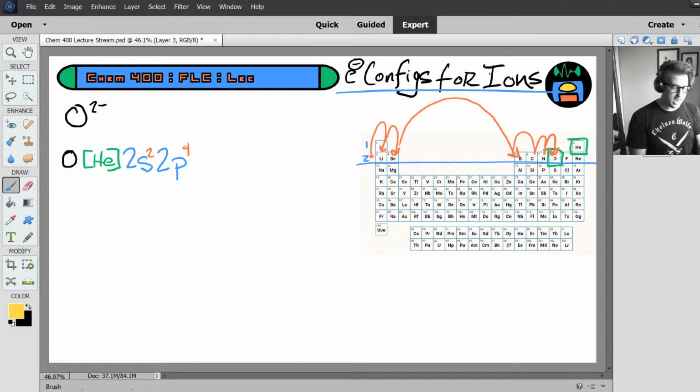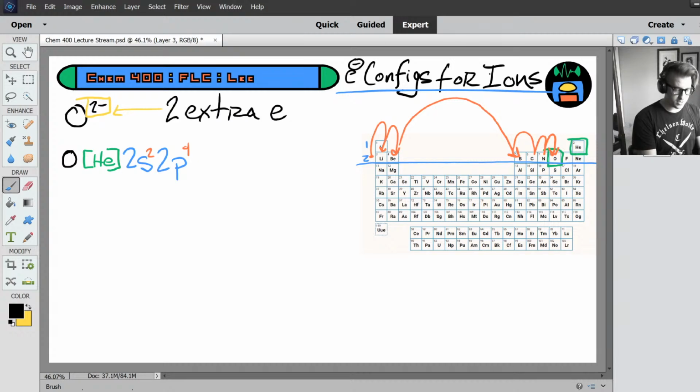All right. Now, when it comes to the oxide anion, it has a charge of -2, which means there are 2 extra electrons. All right, 2 extra electrons. That means that we need to add 2 electrons to our electron configuration for oxygen.